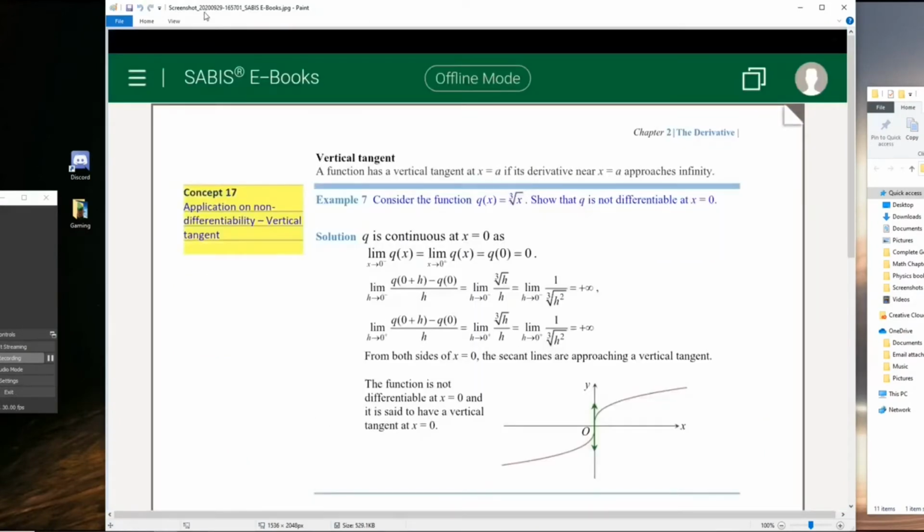So here we're asked to prove that this is not differentiable. Well, this is easy. Differentiate one side and differentiate the other, so left hand derivative and right hand derivative, and you will notice that both are plus infinity. Undefined limits, basically. Even though they're plus infinity, they're pretty much undefined, because you can't say that a line has a slope of plus infinity.